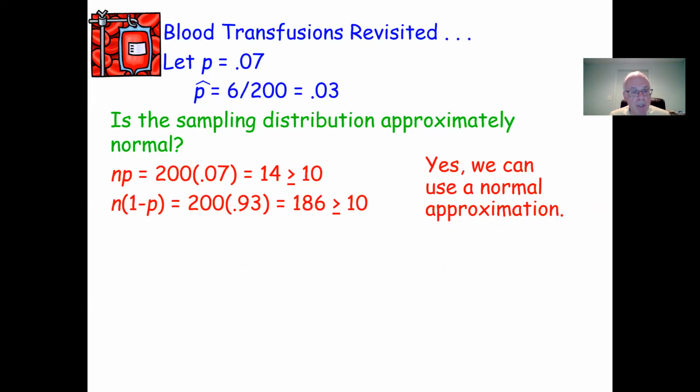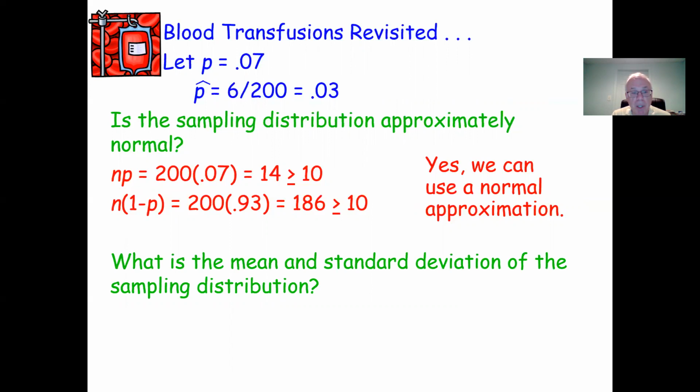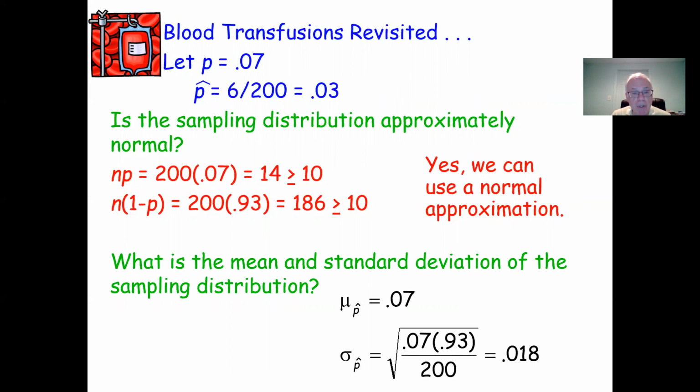N times 1 minus p is 200 times 0.93. That's 186. That's definitely greater than 10. So yes, we can use a normal approximation for the sampling distribution of p hats. What is the mean and the standard deviation? The mean is 0.07. Standard deviation of p hat is 0.018, using that square root formula that we saw before.